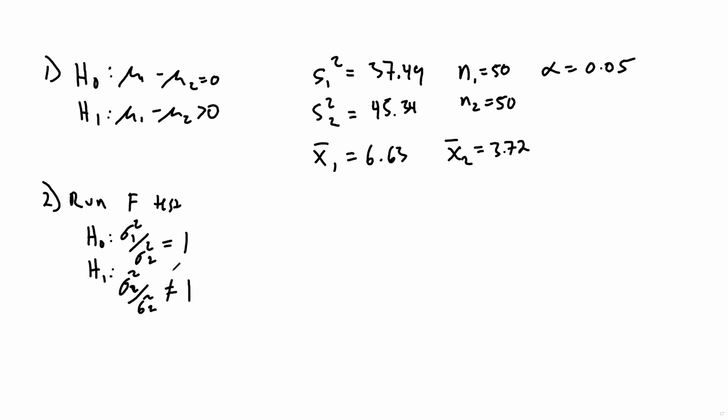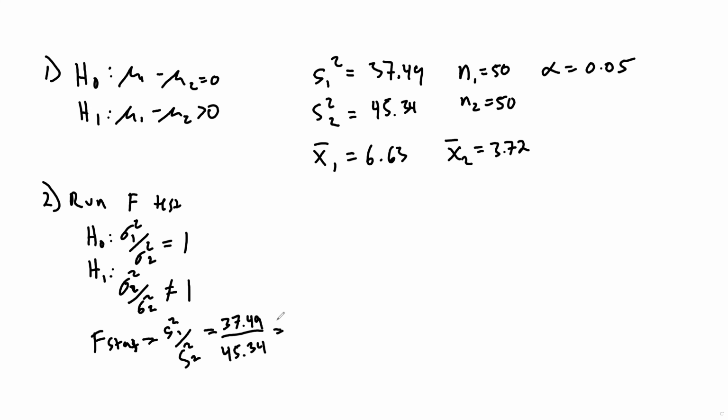Now, we need to calculate our f-stat. So our f-stat formula is you divide your sample variance by your sample variance for your two groups. So it's 37.49 divided by 45.34.